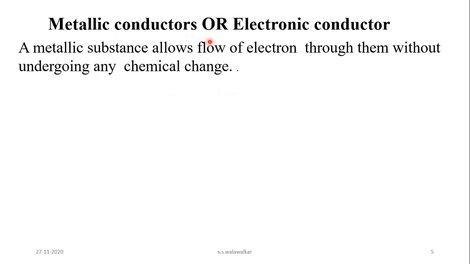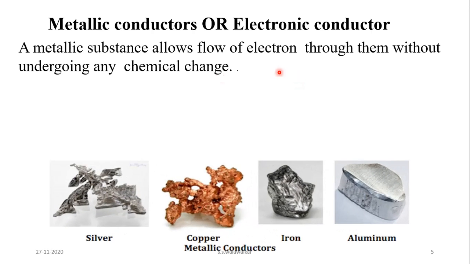Examples of metallic conductors are silver, copper, iron, aluminium, and tin. All these are examples of metallic conductors.